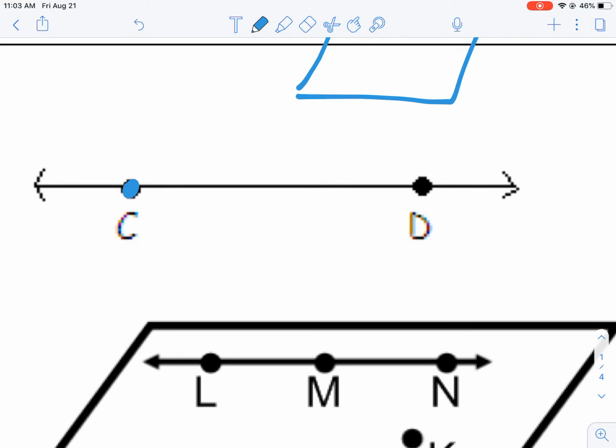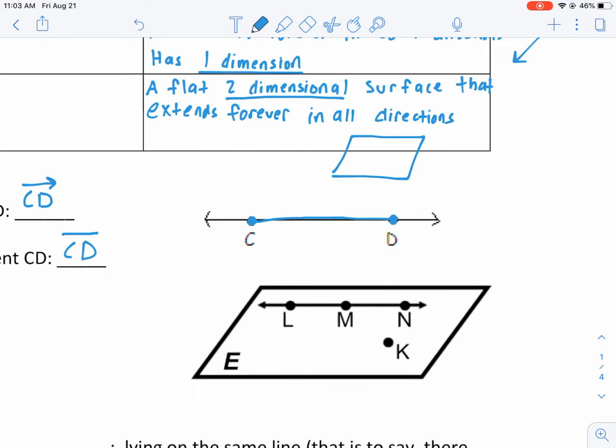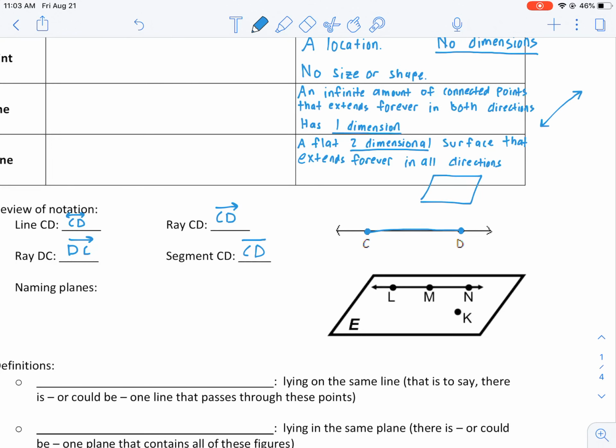So the two letters for the line segment are where it starts and where it stops. So we have CD, so we start at C, we go to D, and we have two endpoints, no arrows, all right? So that's a line segment. So it's important to know the distinction, all right, between those three things, all right?